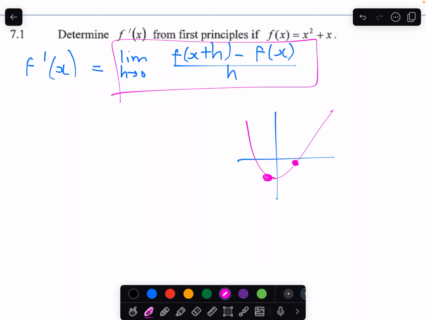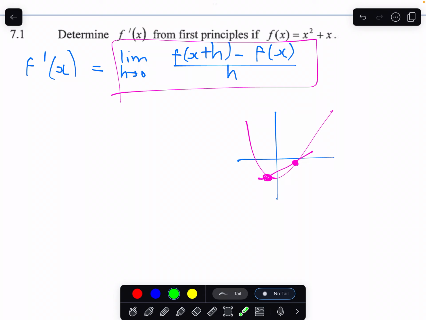So what we settle for is this: I take 2 points on the graph and join them, and then I can figure out the gradient of that line, which gives me a sense of the behavior of the curve's gradient between these 2 points. But obviously that isn't accurate. To make it more accurate, we move one of these points closer to the other.